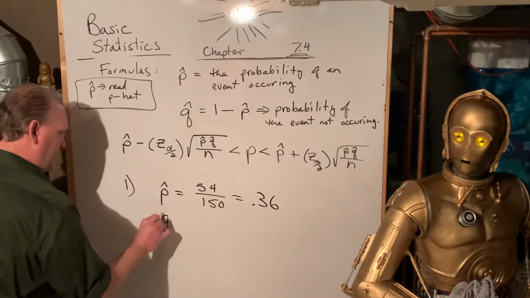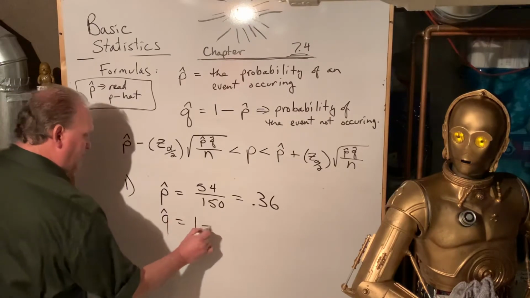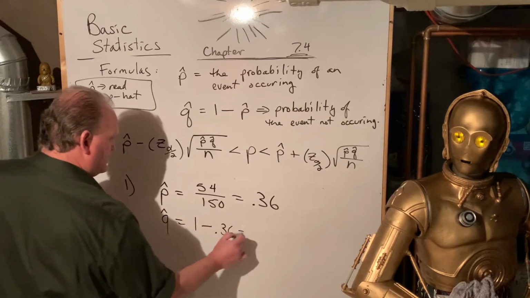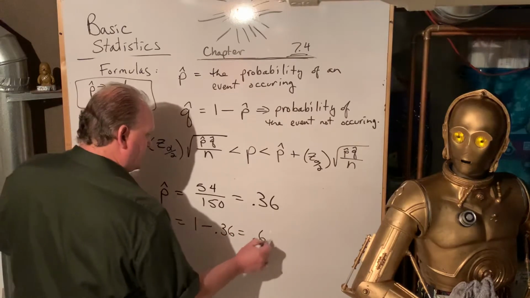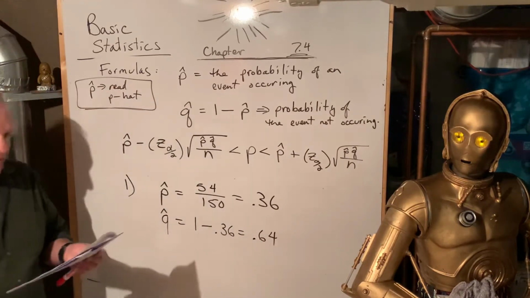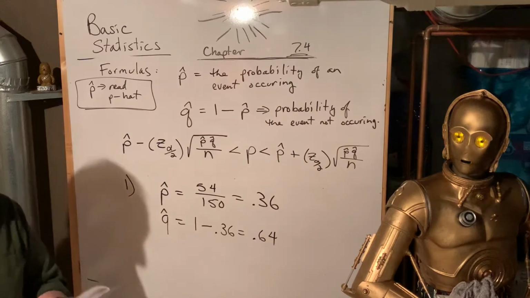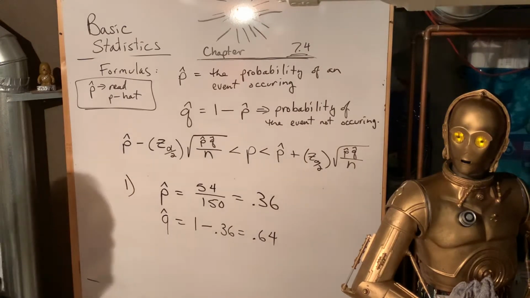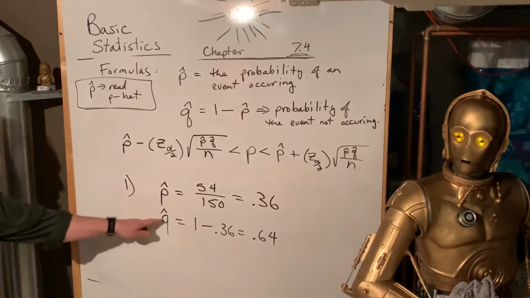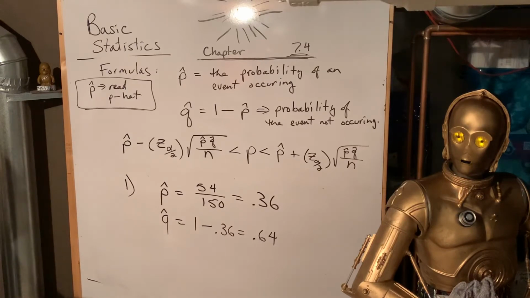Q hat then is going to be 1 minus 0.36 or 0.64. 64% of all those households would not have central air. And so P hat and Q hat are hopefully pretty easy to find.